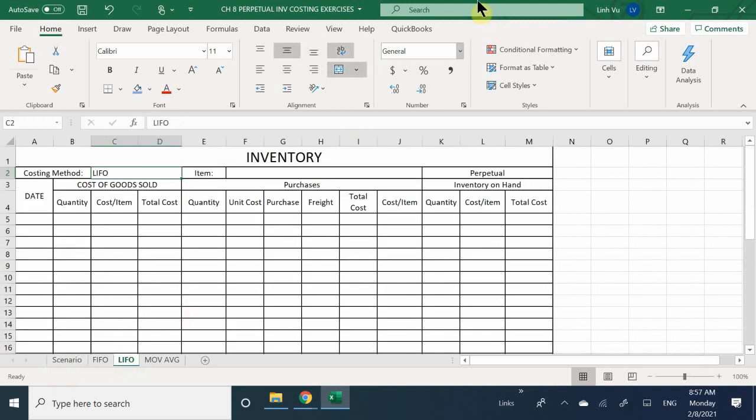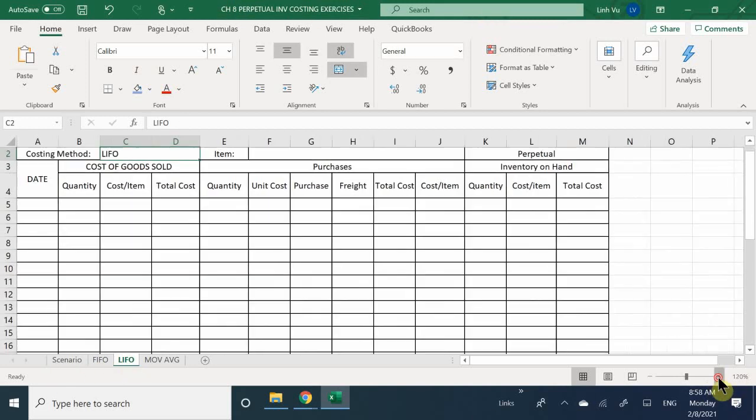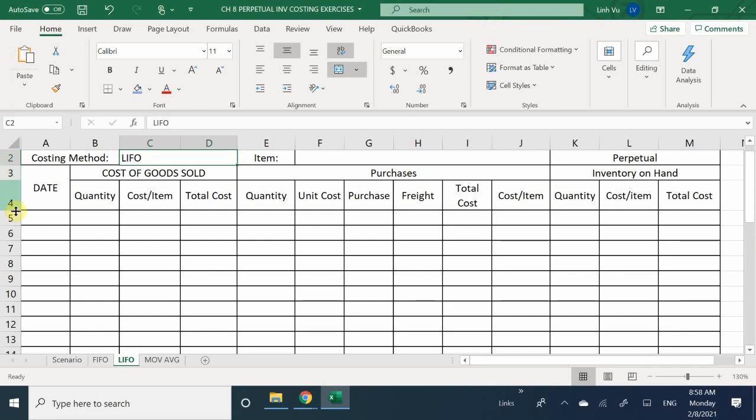So what I'm going to do is come over here and add the date. This is the LIFO one. This is page number 2. So June 30th. Because it wasn't a purchase, I'm going to carry it over into inventory on hand. We had 50 items costing $3.